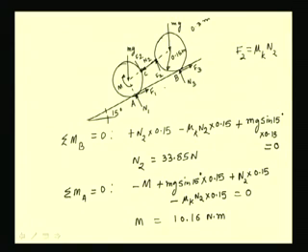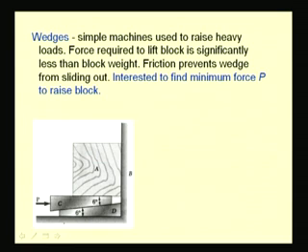So, these problems of simple contact nature can be solved in similar sense. The simplest machines that use friction in order to do some work are wedges.